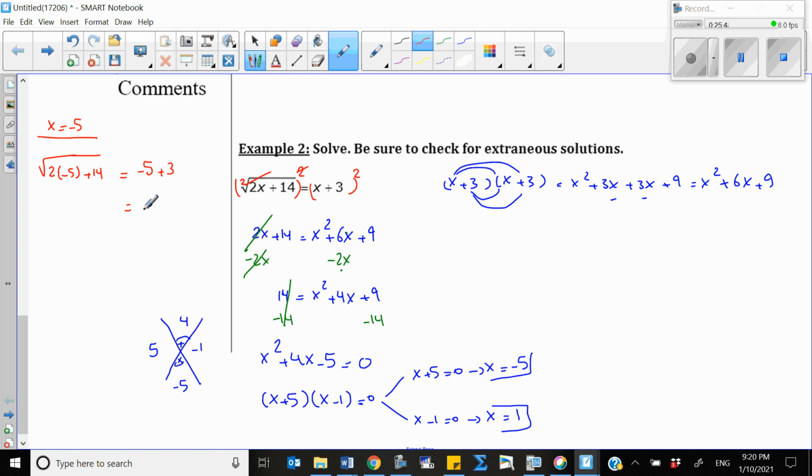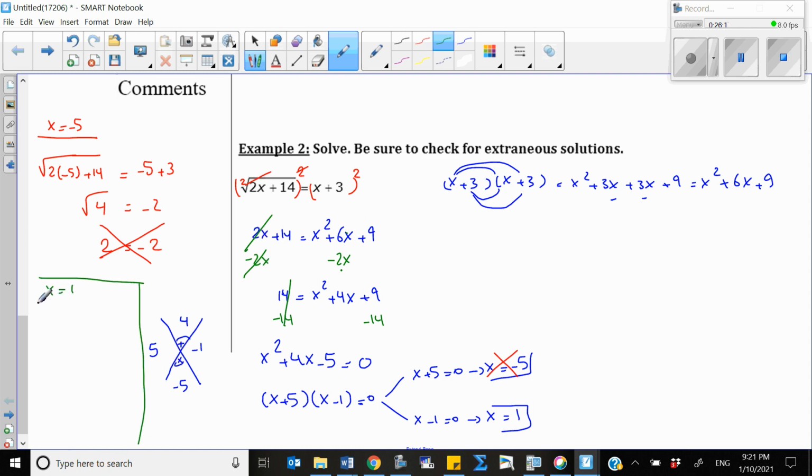Okay, so the right side is negative 2 and the left side, 2 times negative 5 is negative 10 plus 14 will be 4. Okay, so square root of 4 is 2 and on the right side we have negative 2. So that means this is not a solution. So this one is not a solution. How about the other one? Let's write that here.